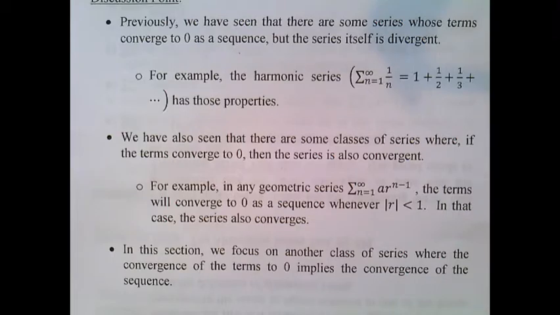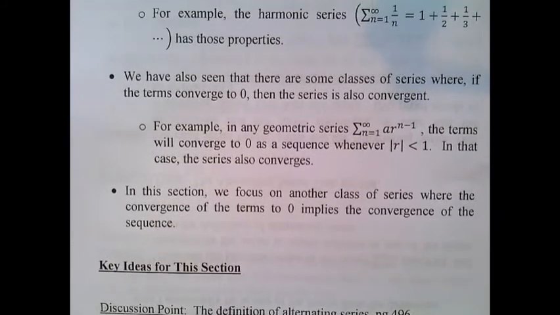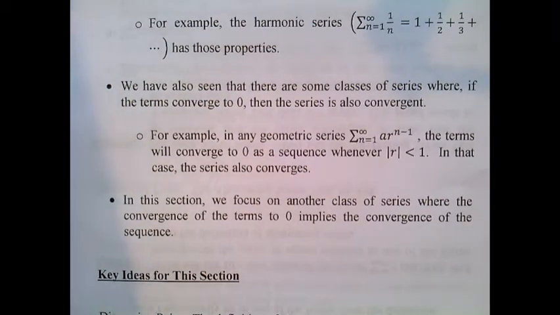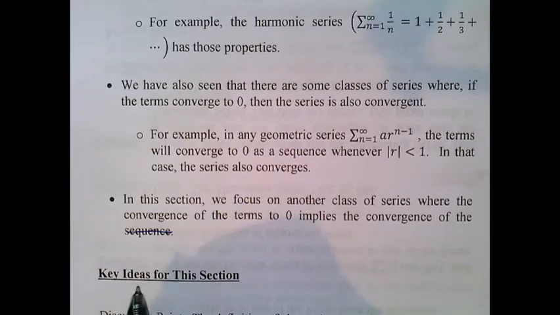Most of our focus has been on just deciding whether the series is convergent or not. Usually we won't be able to know exactly what the sum is, but if we just know that it's convergent, then we can talk about approximating its sum and even sometimes get an idea of how accurate our approximation is. So in this section, we're going to be focusing on another class of series where the convergence of the terms to zero implies the convergence of the series. That should say series right there.